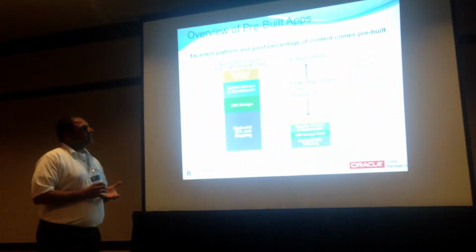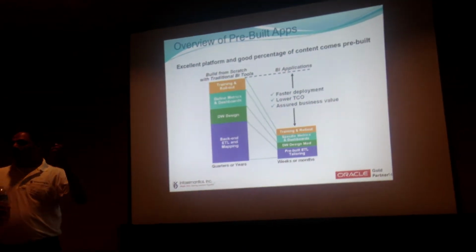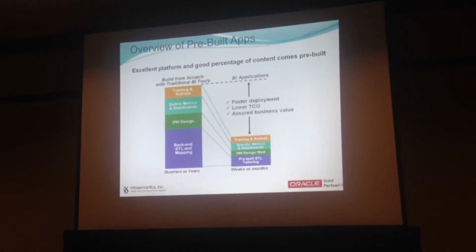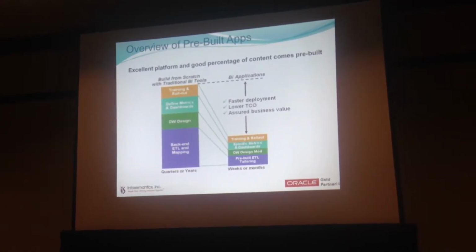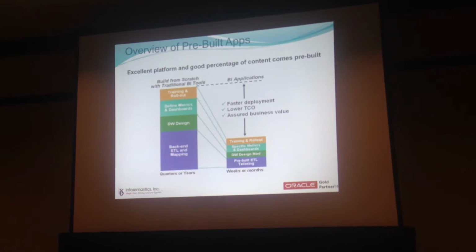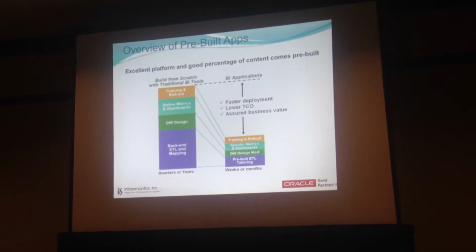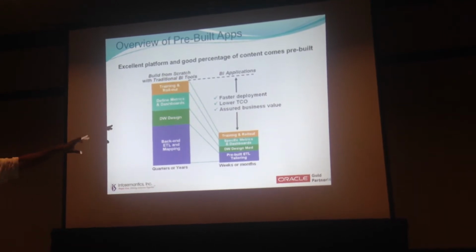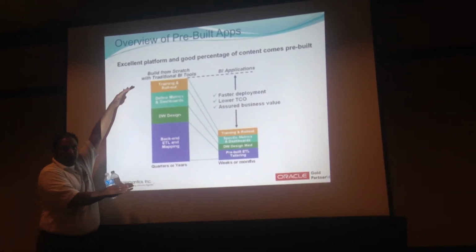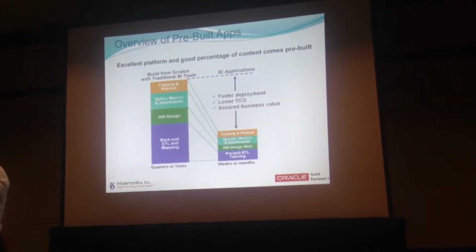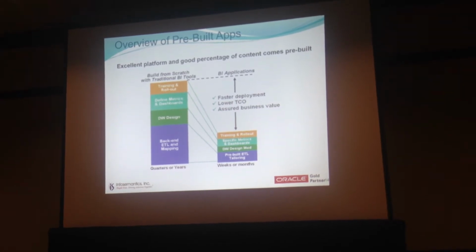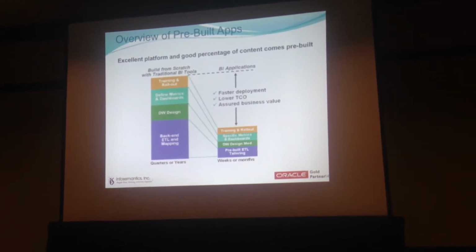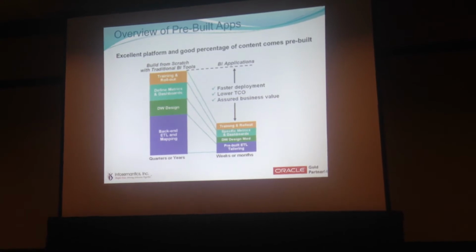So what's the advantage of using the pre-built apps? If you start the data warehouse process from scratch for any of your ERP modules, it's going to take a lot of time. This diagram will give you a high-level overview of how much time you can save if you're implementing OBIEE apps.